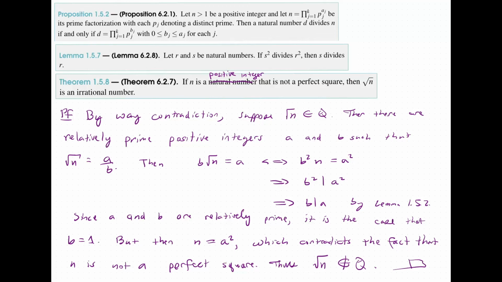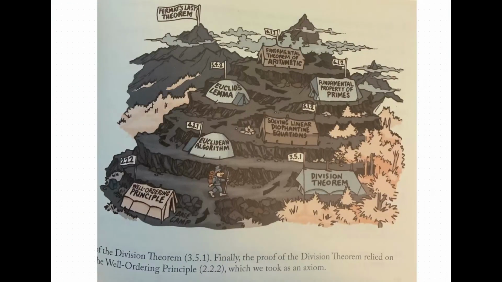And one thing to be mindful of, and this is a nice picture from the number theory book that I used in the winter, is that as we've gone through the course, we've essentially been climbing through various levels of abstraction. In what we just did, building towards the proof of the fundamental theorem of arithmetic, we utilized the well-ordering principle.